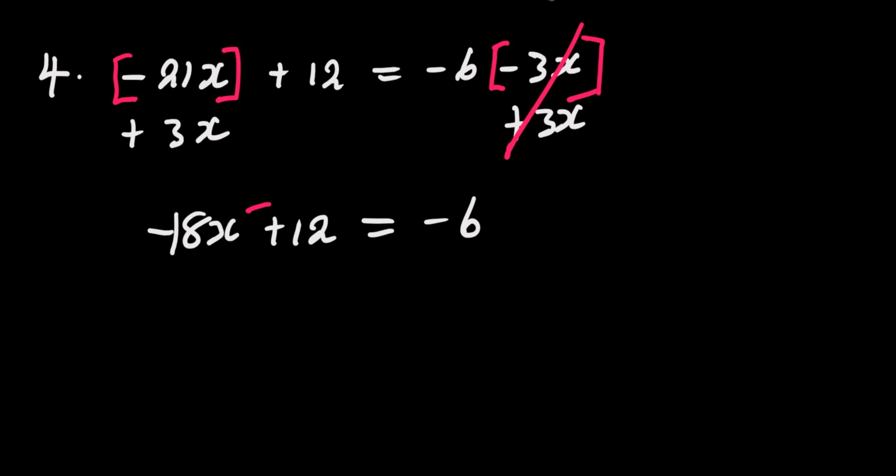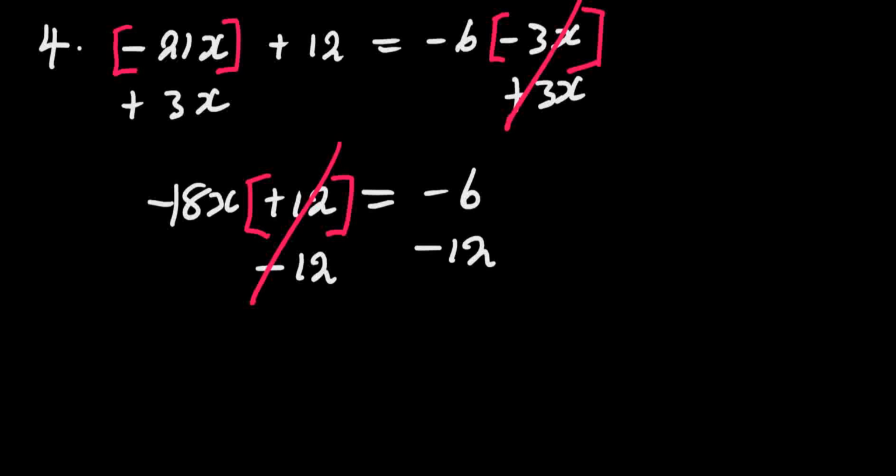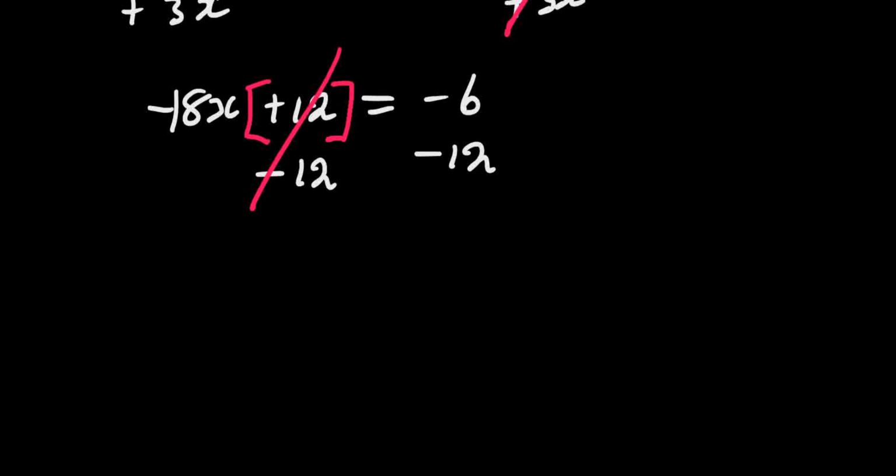So now we can move positive 12 from here by subtracting 12 from both sides. Minus 12. Okay, so plus 12 minus 12 is 0, so this is out. And now we have negative 18x on the left side, and negative 6, negative 12 will give us negative 18.